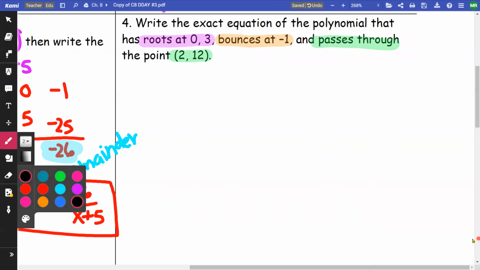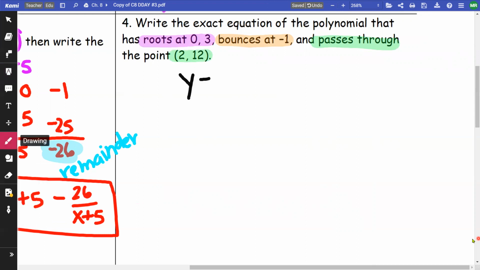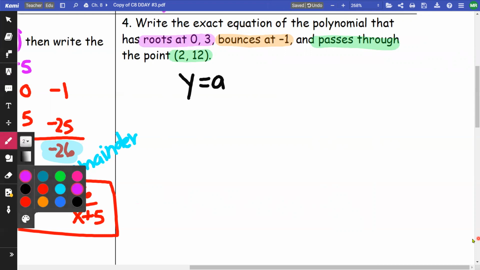So I am going to have y equal a. And then my 0, that's going to come from the factor of x. My 3 comes from x minus 3. And then bounces off in a -1. That's x plus 1 squared.